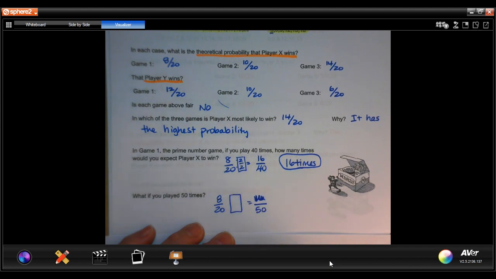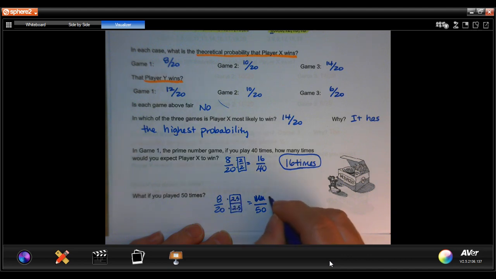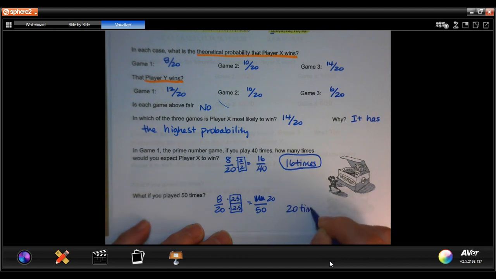And because I did some figuring out a little bit earlier, I know that 20 times 2.5 or 2 5/10 equals 50. And we want to have that same thing in there. And I know that 8 times 2 is 16, and then half of 8 again is 4, so it would be 20 times.